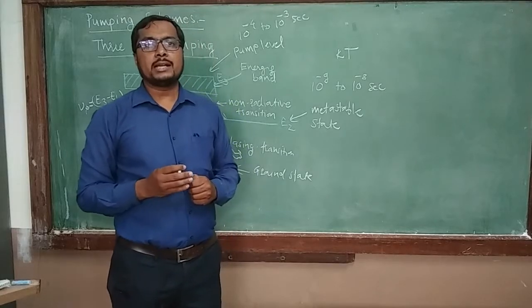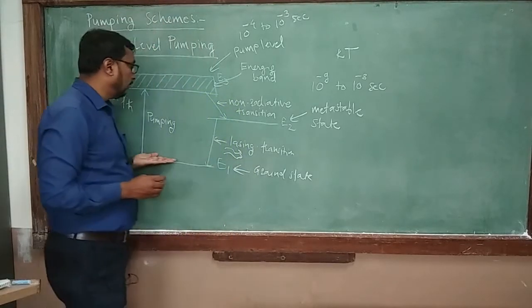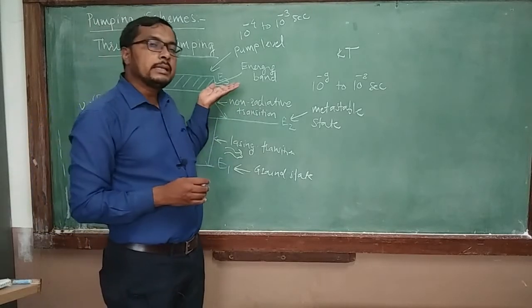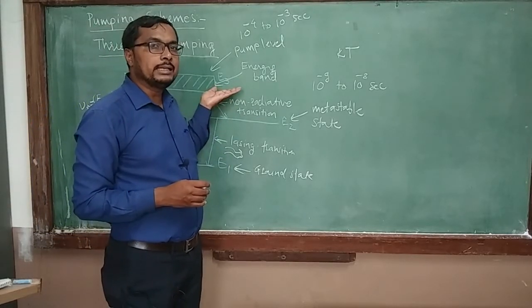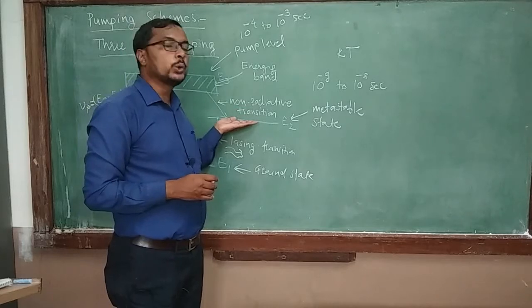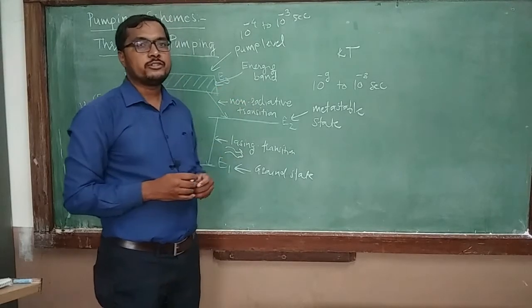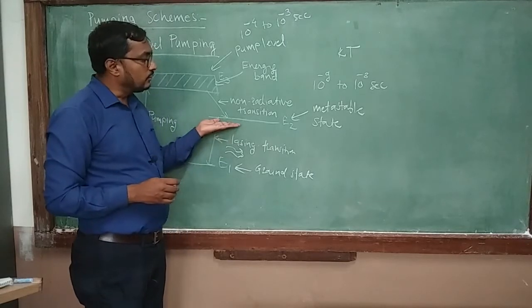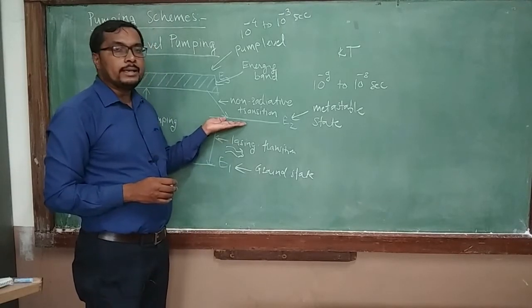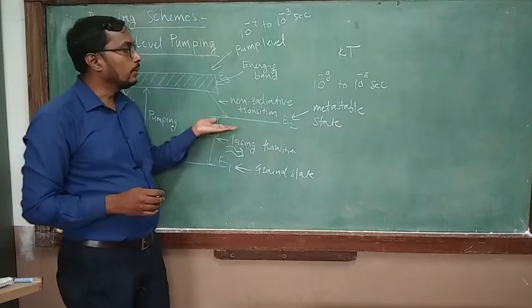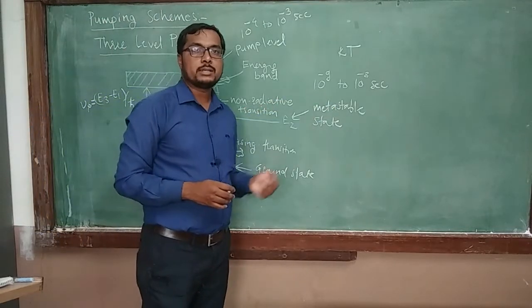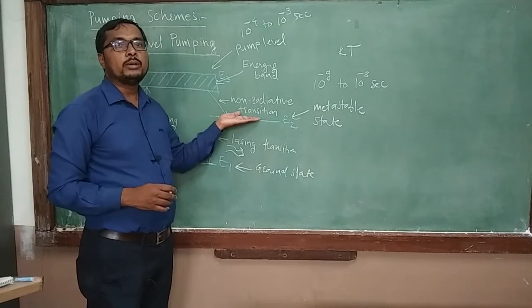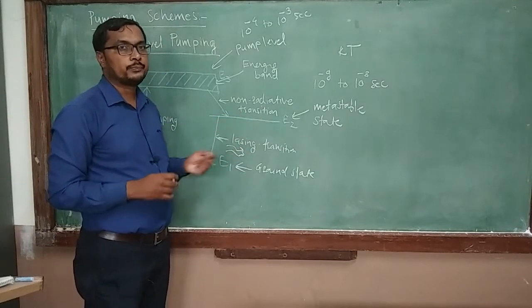When we pump the atoms from the lower level to the higher energy level, the atoms in the excited state or level E3 fall back to the level E2 by non-radiative transitions, and the population of the level E2 goes on increasing because it is a metastable state, and population inversion can be achieved between levels E2 and E1.